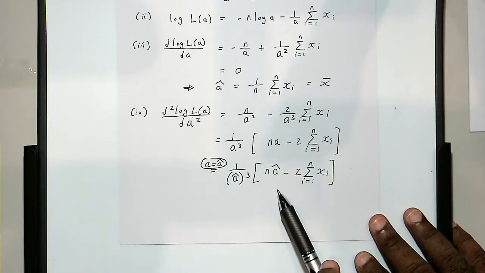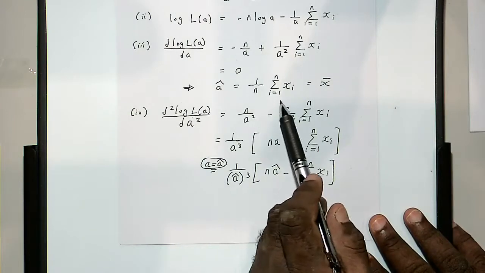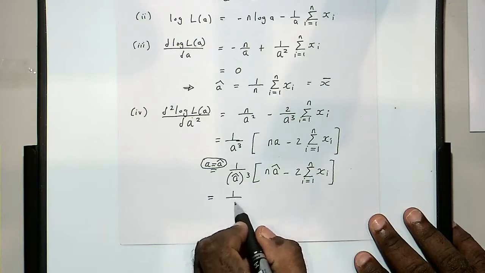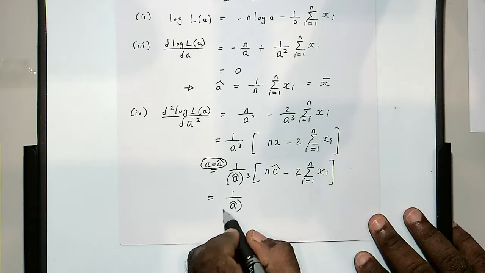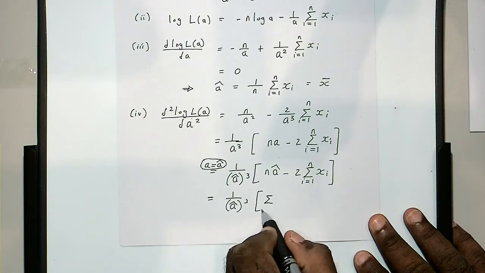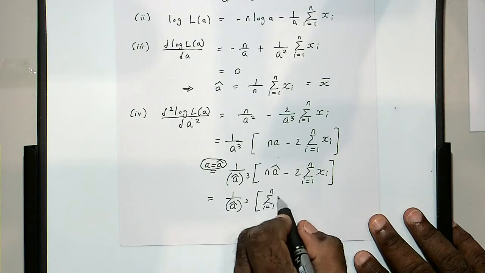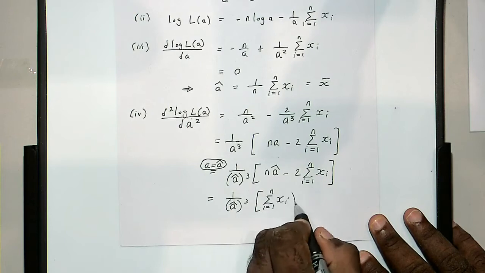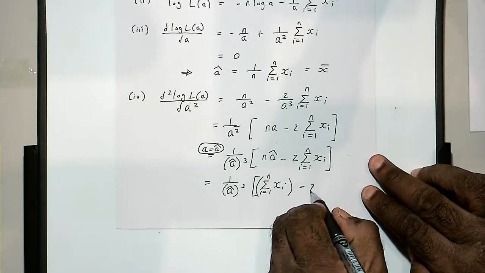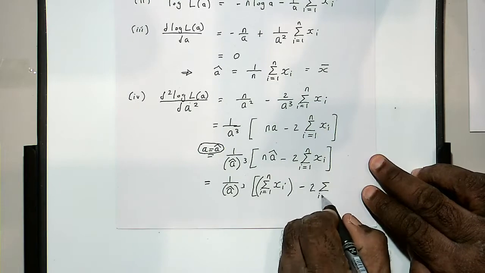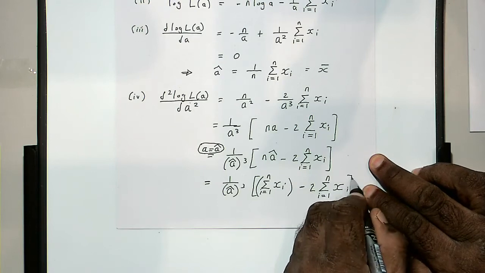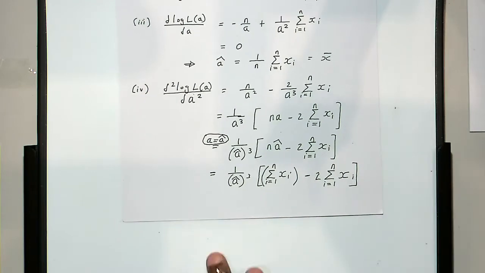So if you multiply this by n, n times A hat gives you the sum of xi.